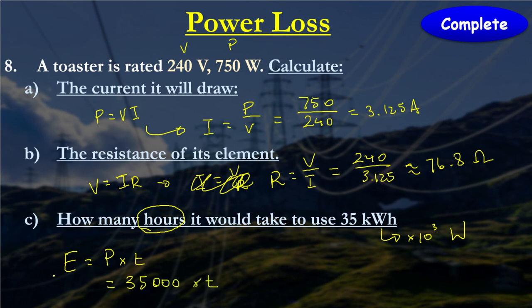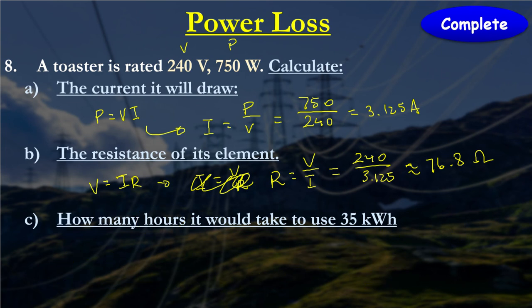The energy we've ended up using in this case is 750. So the time, or in terms of hours taken, to use this particular amount of power is 750. Divide that by 3,000 or so here.